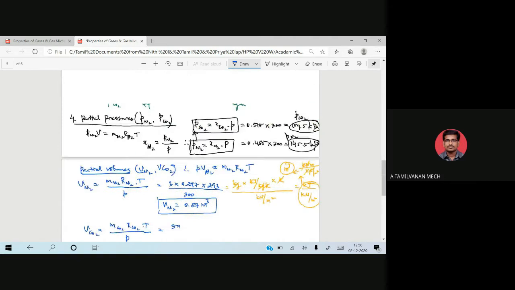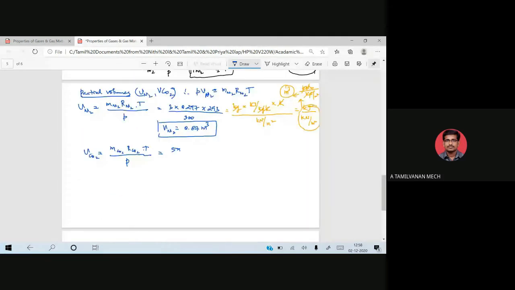R of CO2 is 189, into 293, divided by total pressure 300. So finally V of CO2 is equal to 0.923 meter cube.